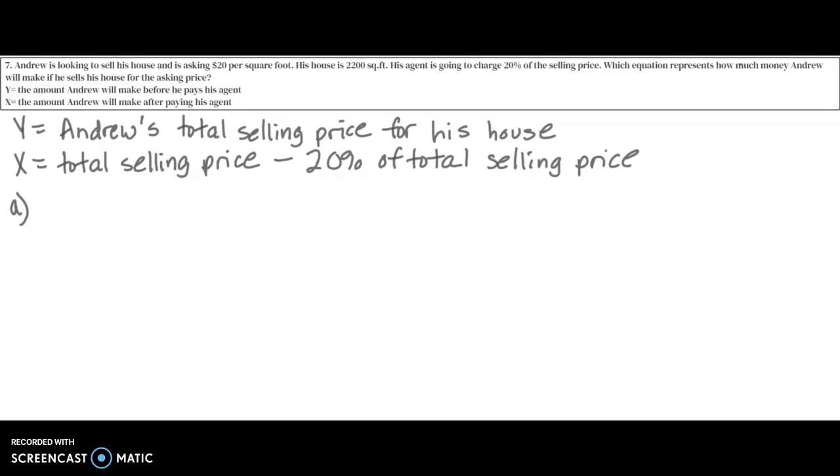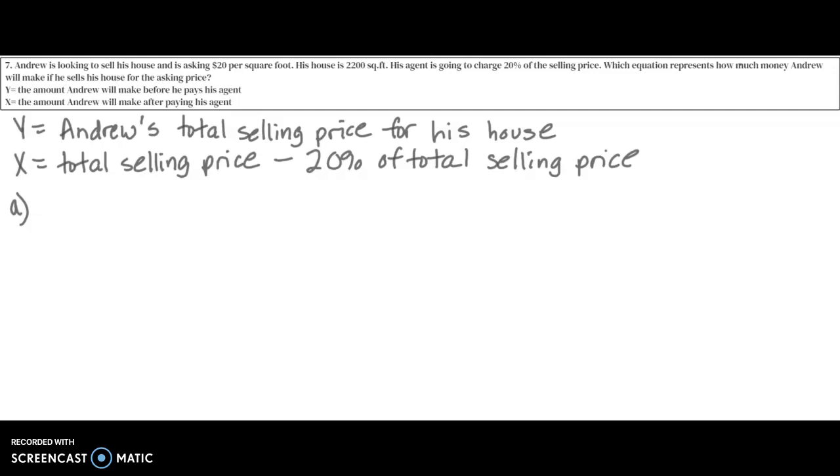And obviously, we have two variables. The letter Y represents the amount Andrew will make before he pays his agent, and the other variable, identified as X, equals the amount Andrew will make after paying his agent.